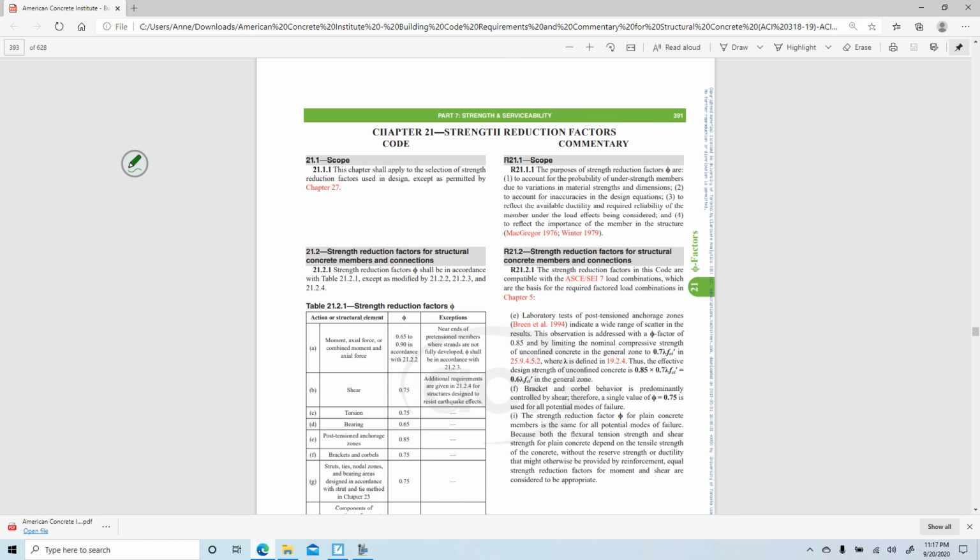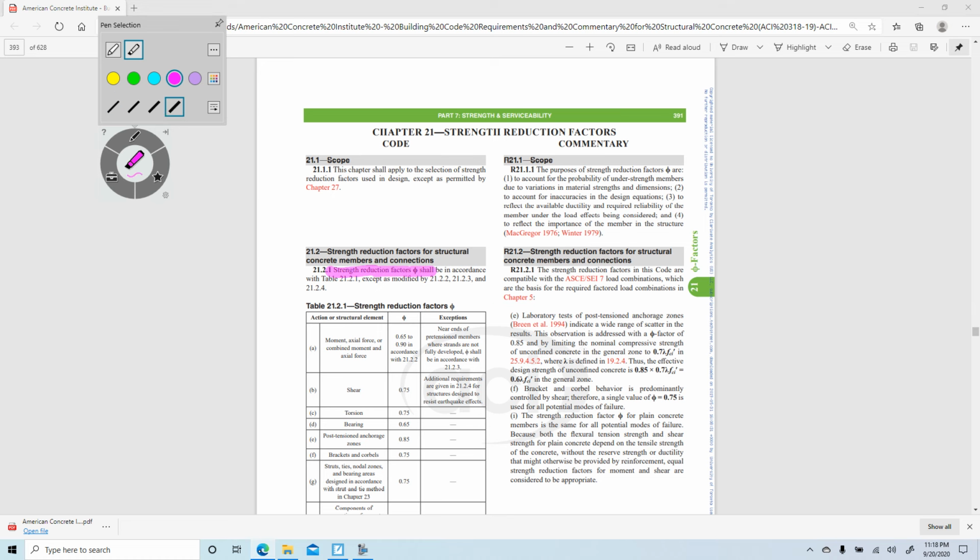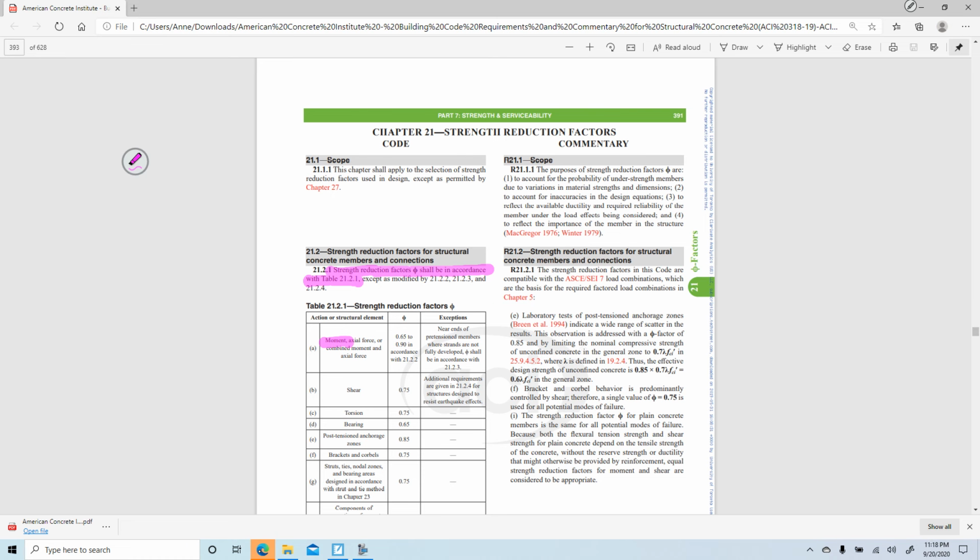If I look at my phi factor, the strength reduction factor phi in accordance with the table, except as modified by something else. So I'm talking about moments here.